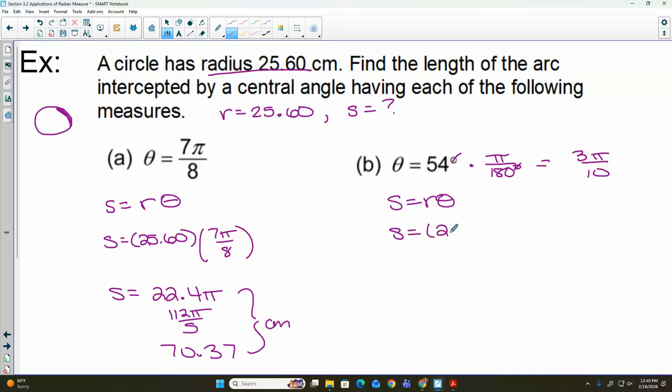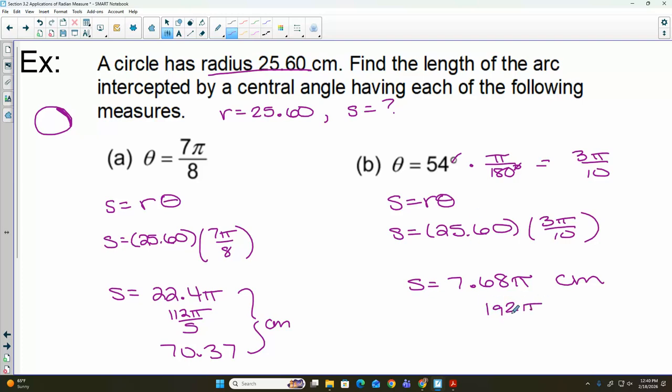So my radius is still 25.60 times 3 pi over 10. So I get 7.68 pi centimeters. Or you could do a fraction, just like 92 pi over 25.